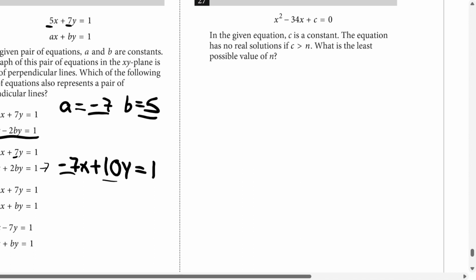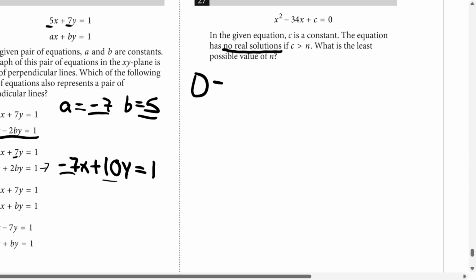For number 27, we have in the given equation, C is a constant. The equation has no real solutions if C is greater than n. What is the least possible value of n? In order for a quadratic equation to have no real solutions, the discriminant has to be less than 0.